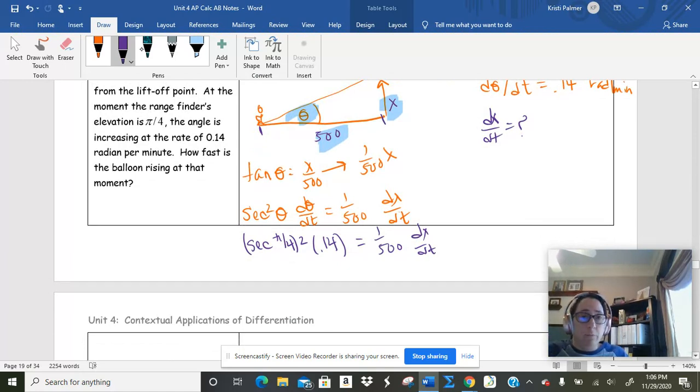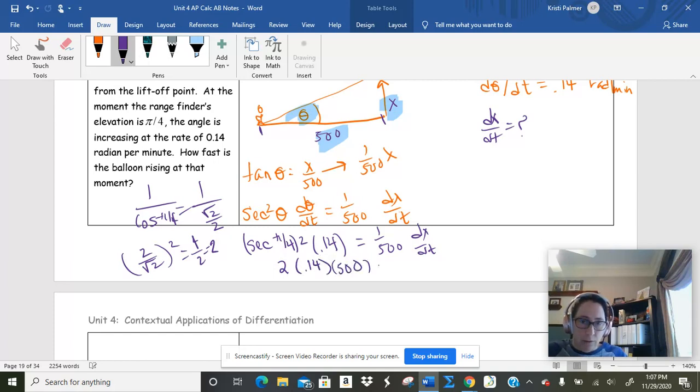So secant of pi over 4 is 1 over cosine of pi over 4. So 1 over radical 2 over 2, and then flip it, 2 over radical 2, and then I need to square it, 4 over 2. So that will give me 2. So this is 2 times 0.14, and then multiply the 500 over is dx/dt.